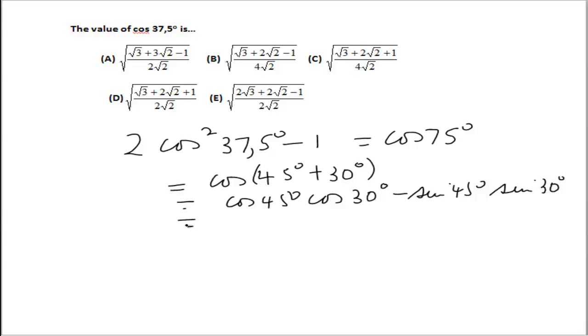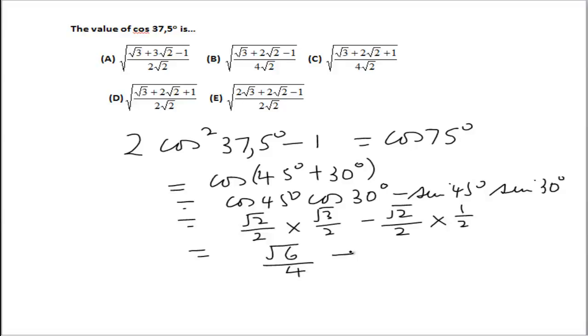Then that is root 2 over 2 times root 3 over 2 minus root 2 over 2 times a half. Now we can simplify as far as we can, which means that would be root of 6 over 4 minus root of 2 over 4.